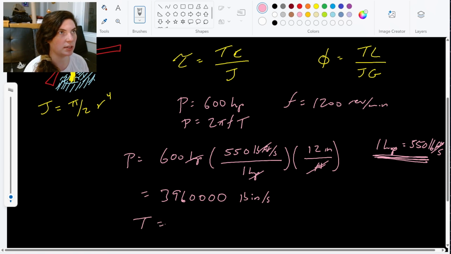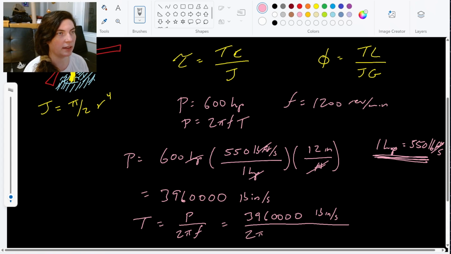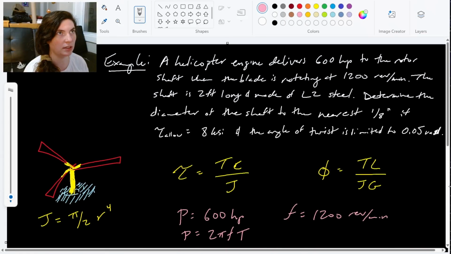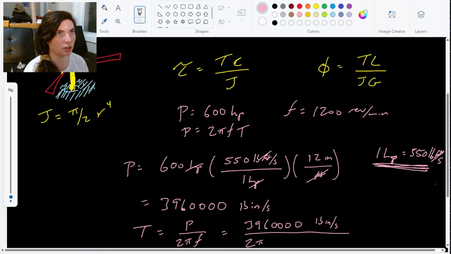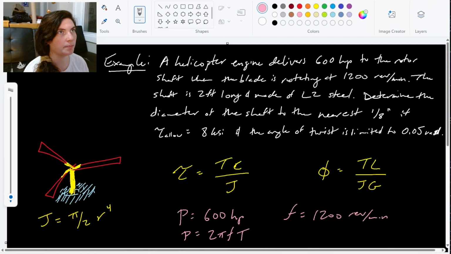If I want to calculate my torque, I can rearrange this so that I have power over 2 pi frequency. I have 396,000 pound inches per second over 2 pi, and then the frequency I want in revolutions per second, because I have this per second term on top.